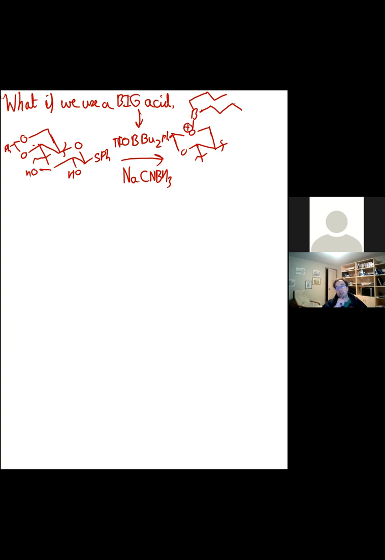I'm kicking off that C6 alcohol instead of the C4. Because now I've got a big bulky group. It's gone to the place it can go because it's more accessible. And so the delivery of the hydride is going to break that guy, which will give me, after workup and cleavage of the boron, C6 free.